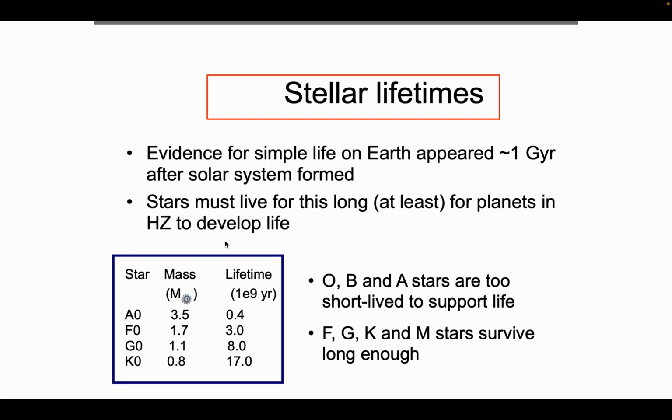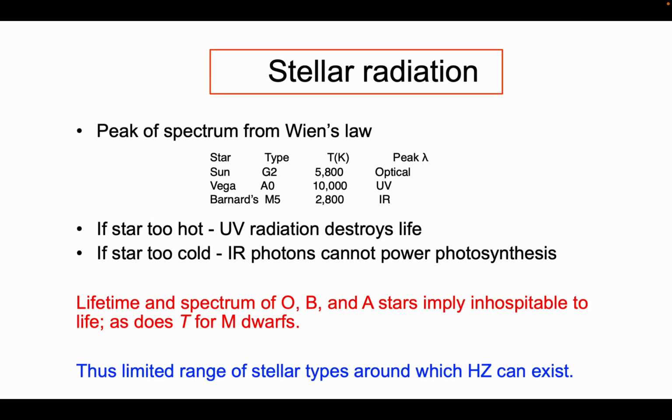So here is the lifetime of different mass stars A, F, G, K. These stars survive long, greater than 1 gigayear, so this type of star is mainly favored to search for planets. OBA stars live too short a time to support the formation of life, you can say.